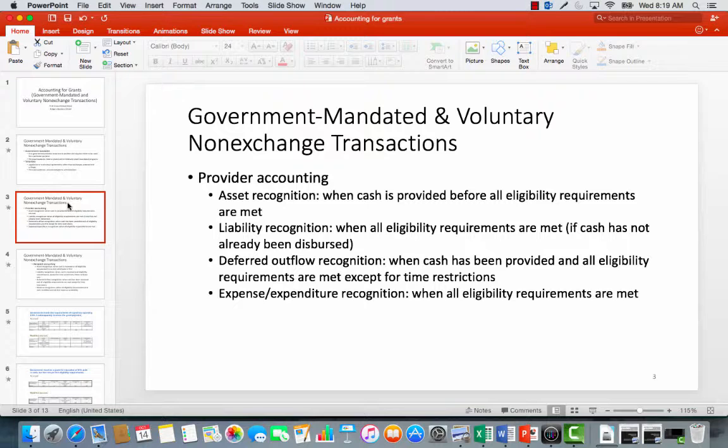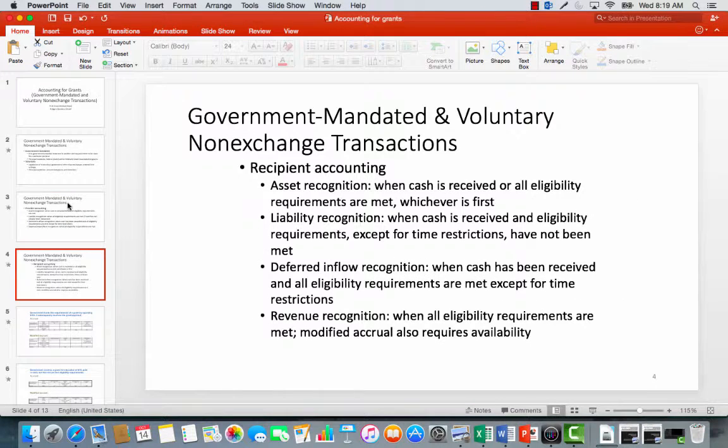I'm not going to go into this slide or the next slide in detail. You can look at those at your leisure. I think it's easier to show them to you and to help you see what the debits and credits look like for typical transactions.